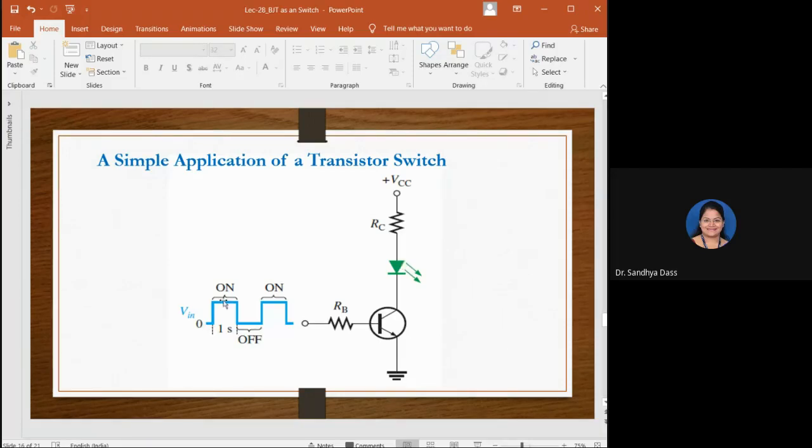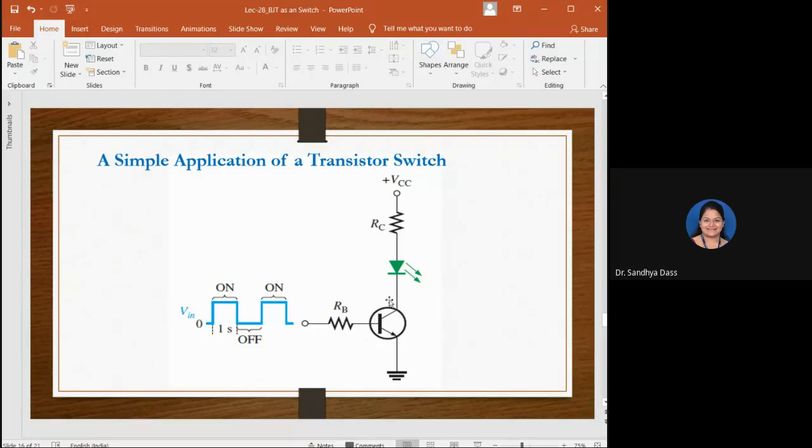So according to the square wave input at the base of the transistor, the LED will be turned on, turned off, turned on, turned off. So the LED is on, off. Then what is the role of the transistor here? Is it acting as a switch? Yes, correct.